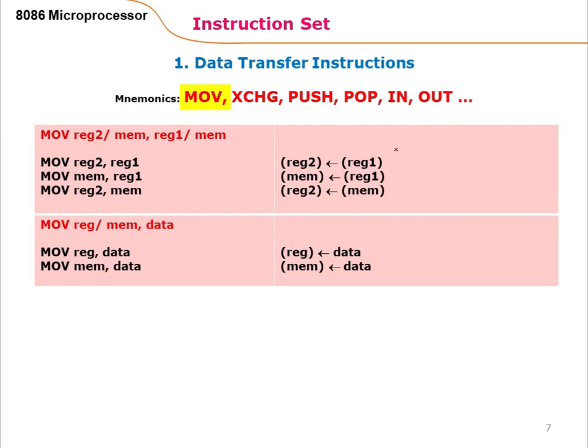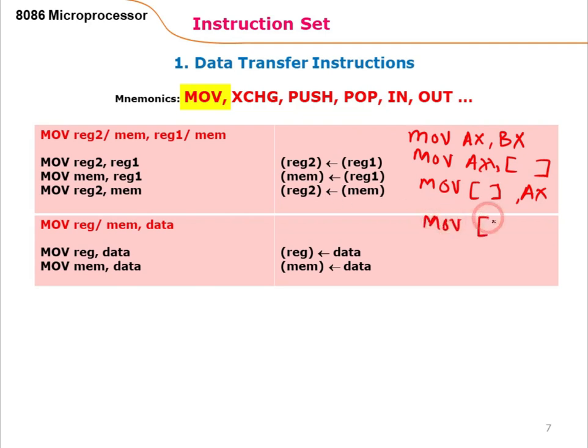We can use it like this: MOV AX, BX, which is register to register, or MOV AX, comma a memory location, or MOV memory location, comma AX or BX. It cannot be memory to memory. So the instruction MOV memory, comma, memory is not valid.